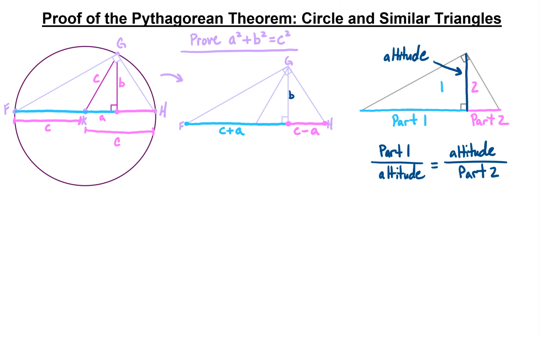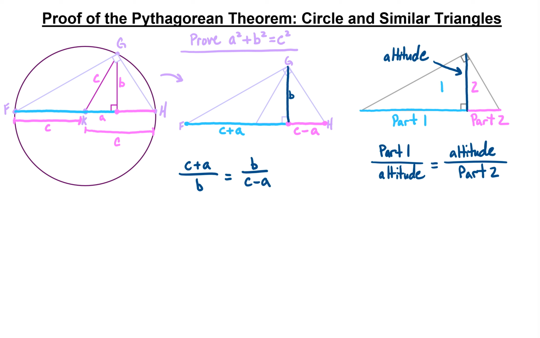So once we have those two lengths, we already know that our altitude here is b. Then that means we actually have enough information to fill in the proportion that we mentioned at the beginning of the proof. So it's part 1 over the altitude, so that's going to be c plus a over b equals the altitude b over part 2, which is c minus a.